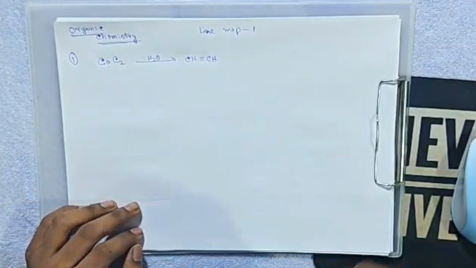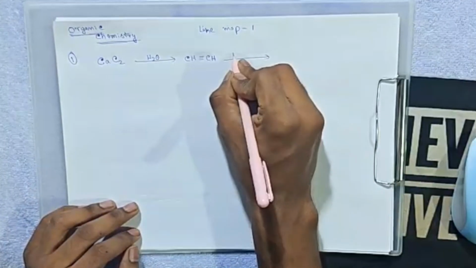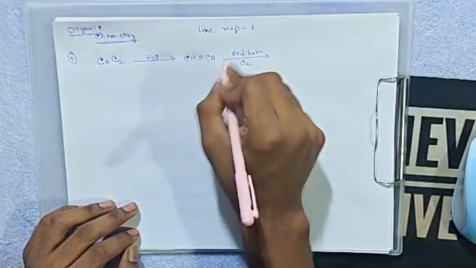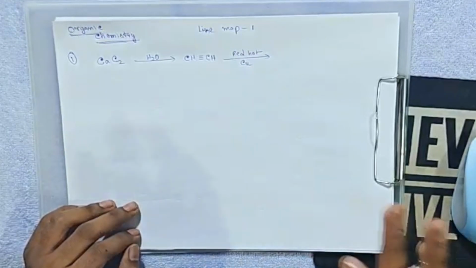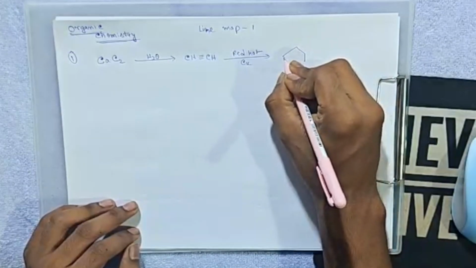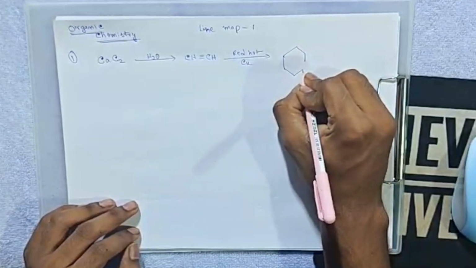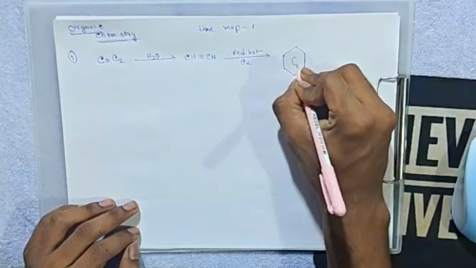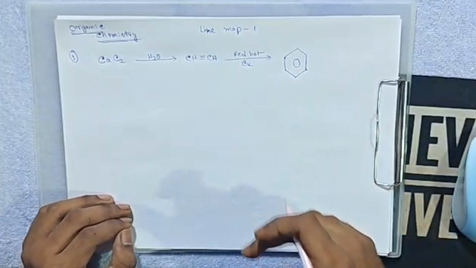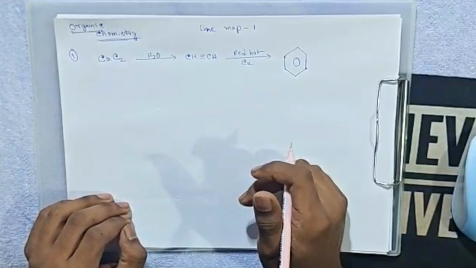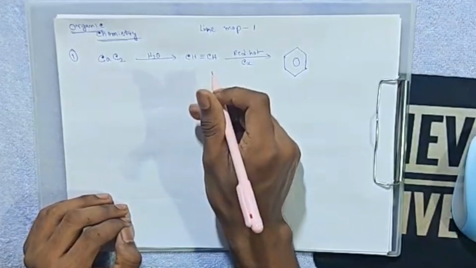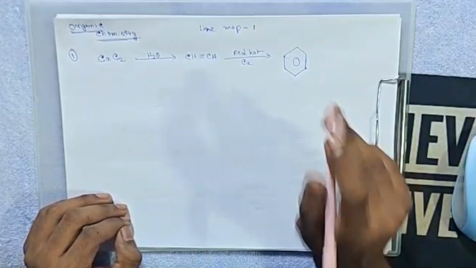Now when you give red hot copper in ethine, it gets converted into benzene. These are very basic reactions, so I am not going to explain them. When the very nice reactions come, I will definitely explain all of them. So first two reactions: CaC2, water, ethine; red hot Cu, benzene.